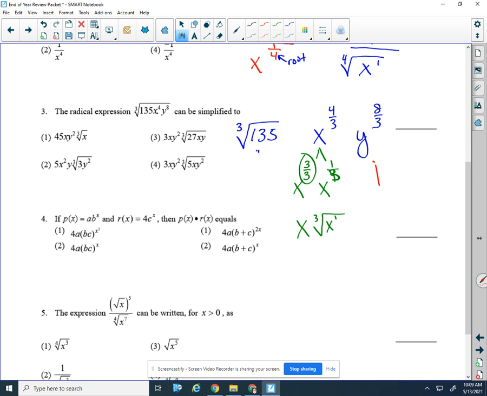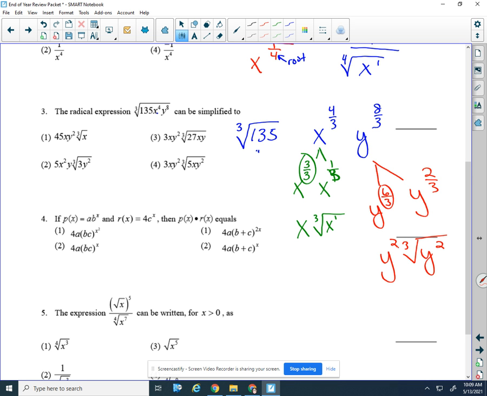Now for my y, I'm going to do y to the 6 over 3, and then my leftover is 2 over 3. So 6 over 3, that simplifies to y squared. And then you have cube root of y squared.